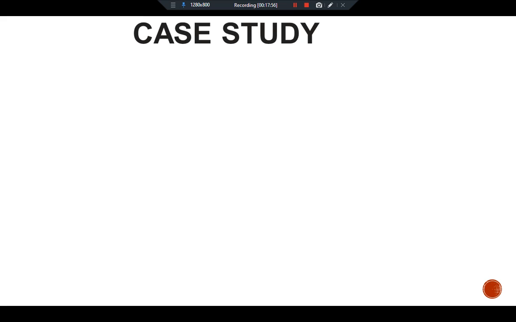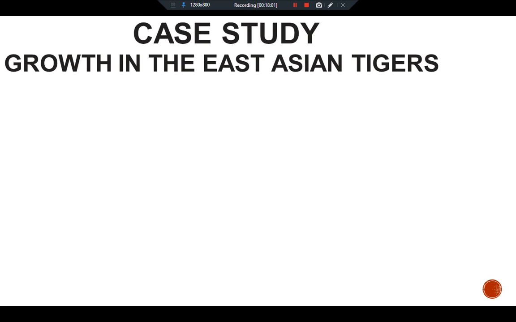Okay, we have to discuss a case study: growth in the East Asian tigers. Perhaps the most spectacular growth experience in recent history has been that of the tigers of East Asia: Hong Kong, Singapore, South Korea and Taiwan, from 1966 to 1990.